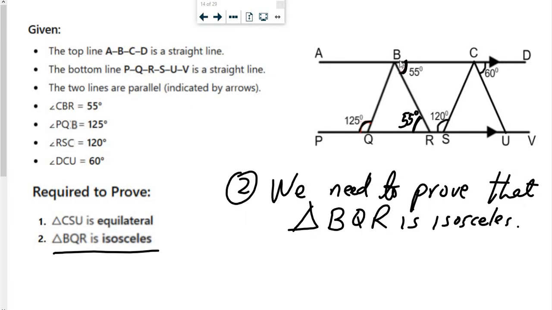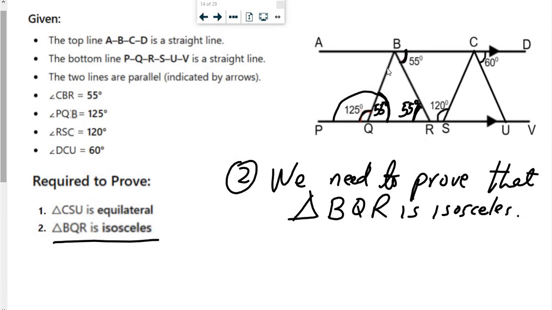How did I know? Alternate angles are equal. Here we have to use the concept of linear pair. If you have 125, then the other part will be 180 minus 125, so even this will be 55 degrees. So this is 55 and this is 55.